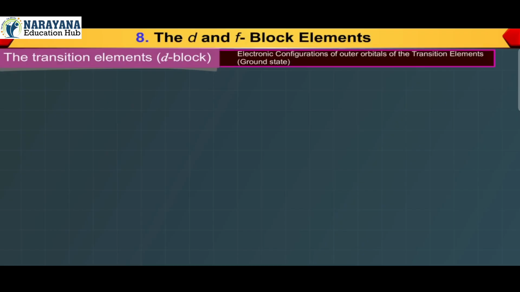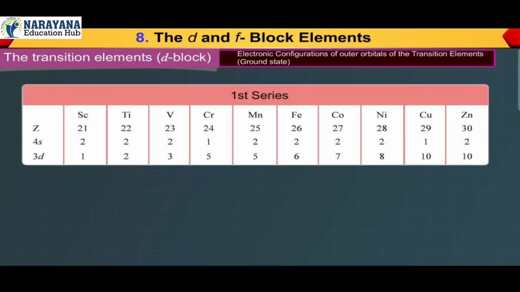Table 1. The electronic configurations of outer orbitals of the transition elements, that is ground state. First series: scandium, titanium, vanadium, chromium, manganese, iron, cobalt, nickel, copper, zinc.